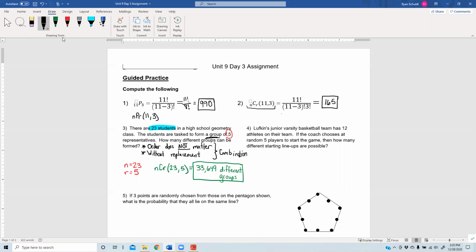Does order matter? If coach tells you to get out there and play, does it matter the order? No, you're going to get out there and you're going to play. Or get yelled at by the coach, your option. But chances are you're going to go out there and play. So order does not matter.